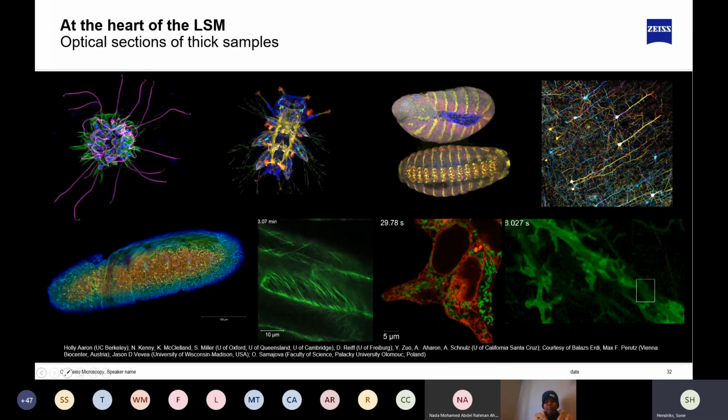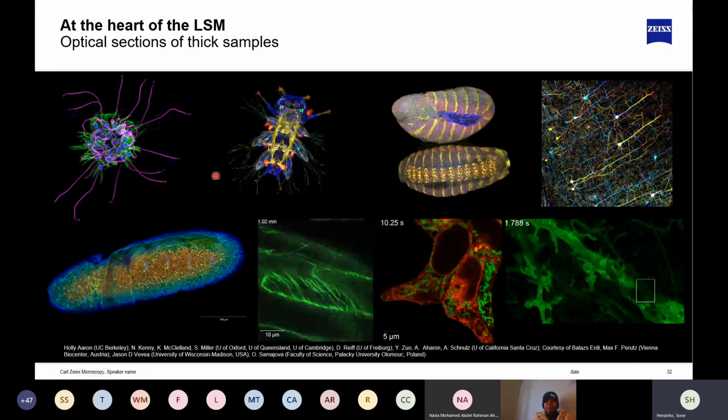Confocal microscopy allows you to optically section very thick samples, to separate multiple fluorophores, and to do photomanipulation experiments. This technique is great for multicolor and thick samples. It gives you high resolution, and you can also get quite good depth penetration.